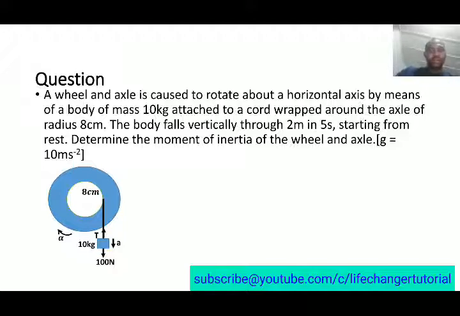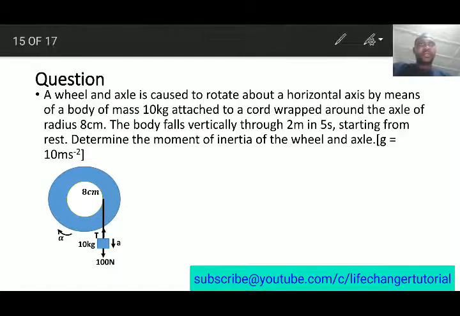So what do we do when we see a question like this? First of all, we are told that the body falls vertically through 2 meters in 5 seconds. With that statement, if you look at the diagram, we can find the acceleration of that body, using the equation of motion.